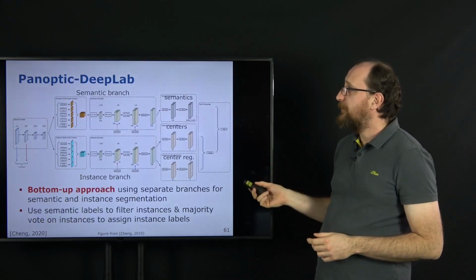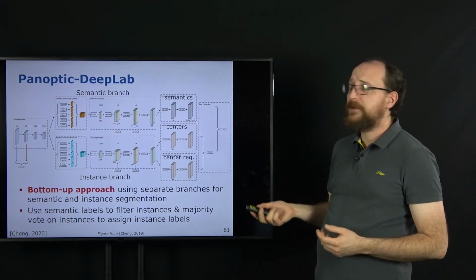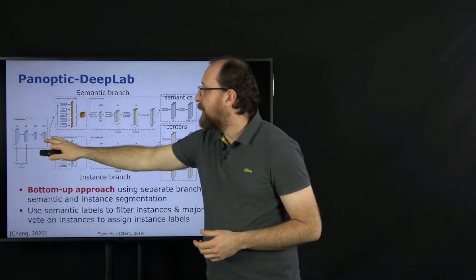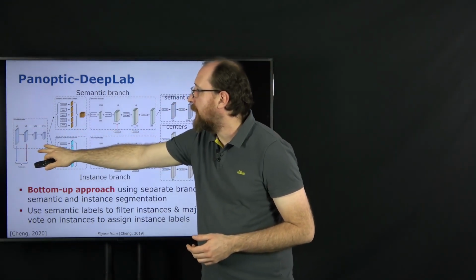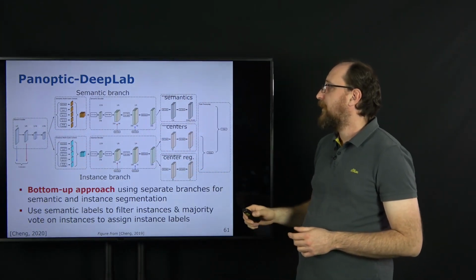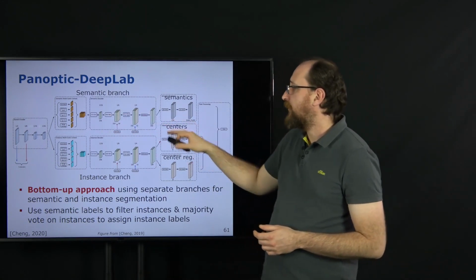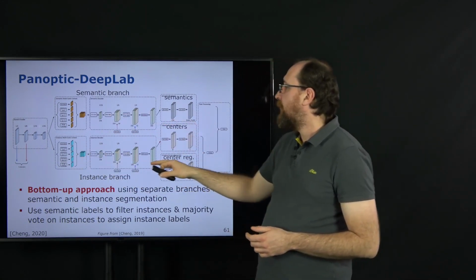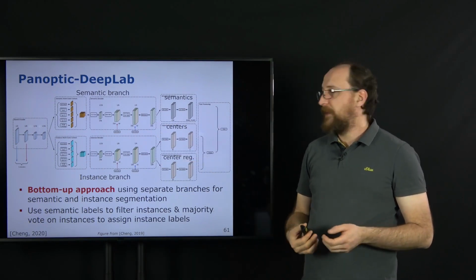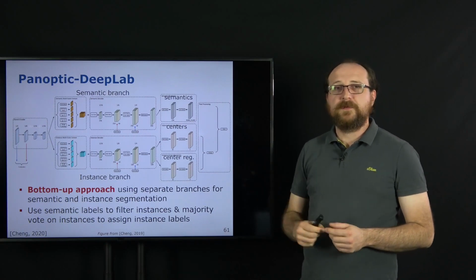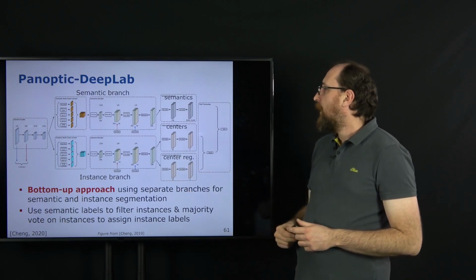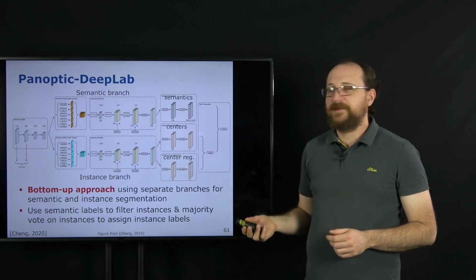Just a short example of a network that does both together: the Panoptic DeepLab, where we have a semantic branch, which uses the output of an encoder to produce semantics in a pixel-wise manner. Then we have an instance branch, which produces center predictions, similar to the way CornerNet did it, but now specifically for the center location, and the so-called center regression, which I will discuss in the next slide.